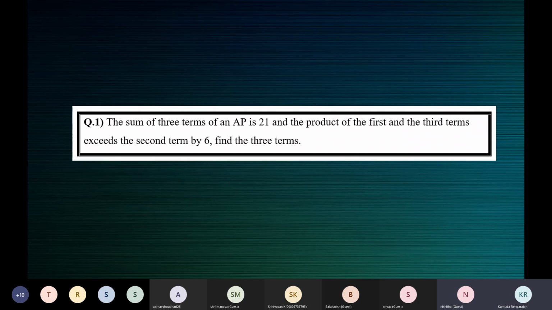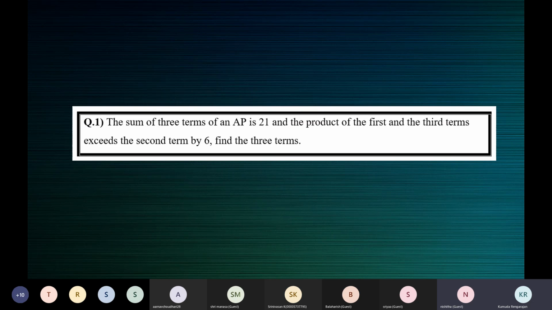The sum of three terms of an AP. It's not the first three terms. So randomly they pick three consecutive terms from the middle. The sum of the three terms is 21.